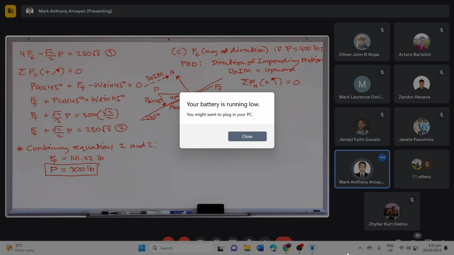So diri ang mga forces nga ni-act along the normal axis, we have the normal force, then minus the normal component of our force P, so that's P sine 45, then minus the normal component of the weight, so W cosine 45 degrees is equal to 0.